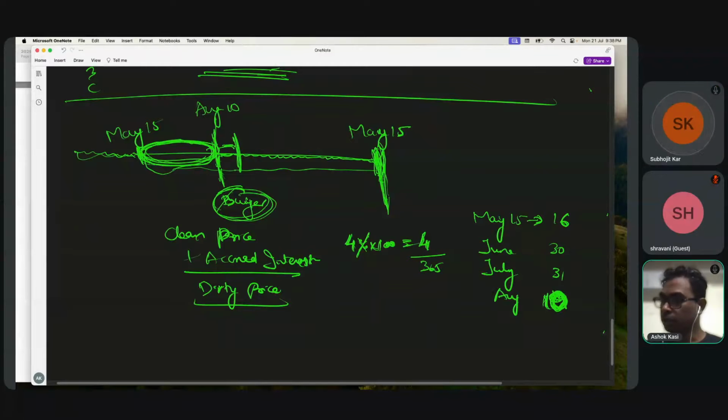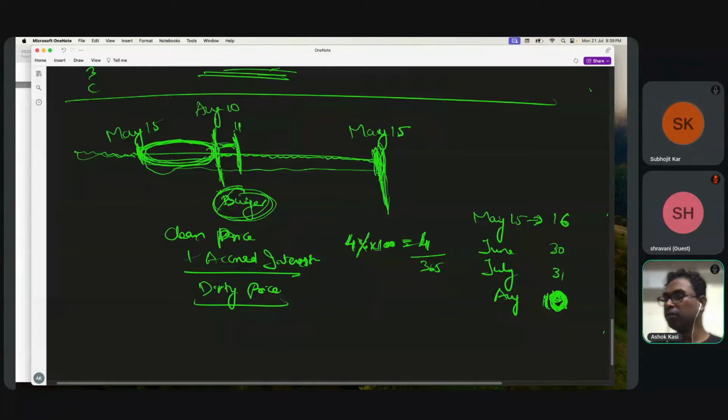So till the 10th, it is the seller. The 11th onwards, it is the buyer. Why? Because when we calculated, we didn't calculate May 15. We calculated May 16th onwards. That day we left.